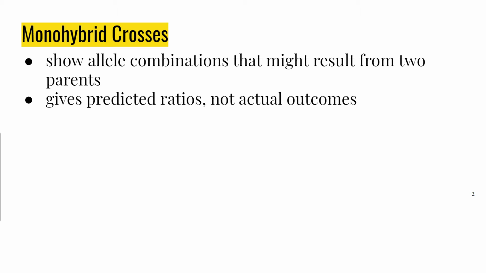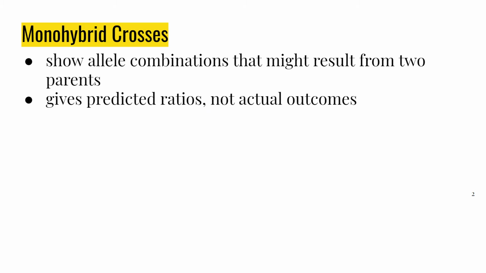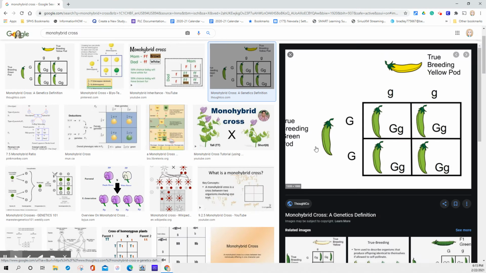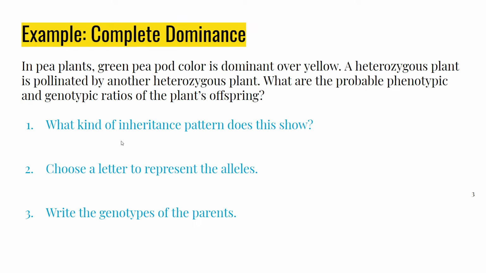I'm sure you've seen this image here. These are just pictures of monohybrid crosses, what you are probably used to calling a Punnett square.